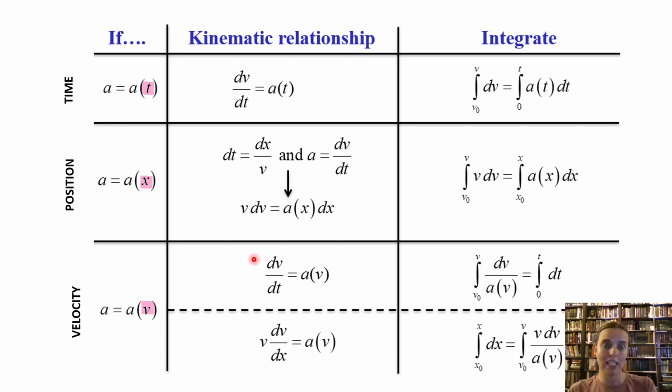So dv dt, we can combine all of the velocity terms in this one, or if we were interested in a position relationship, we can chug in this v dv equals a dx. These ones tend to be a little bit messier to integrate, but what you do is you just look at your problem statement, what quantities do you need to relate to one another, and you can pick off of this chart whichever relationship you need and crank through the calculus on it.